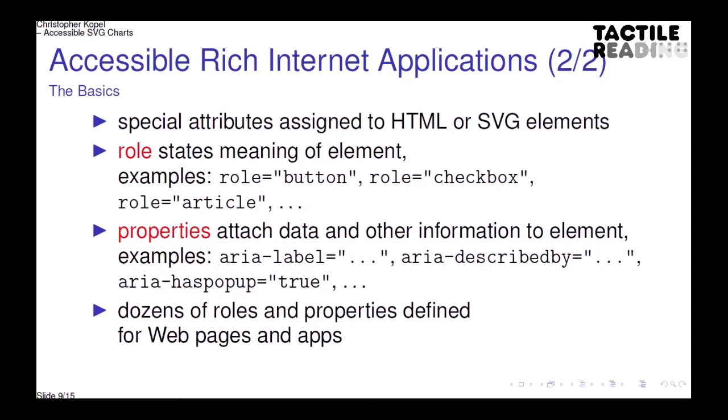For example, there is the property aria-label, which can be used to give an element a name, or aria-describedby, which can be used to point to another element holding a longer description, or aria-haspopup says that the element has or invokes a tooltip or a pop-up menu.